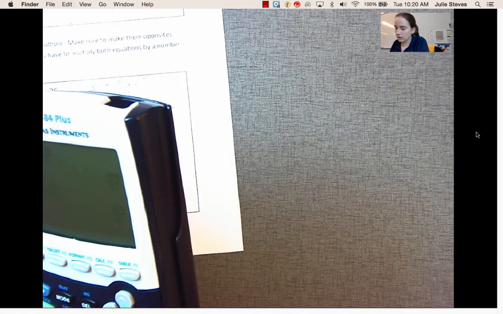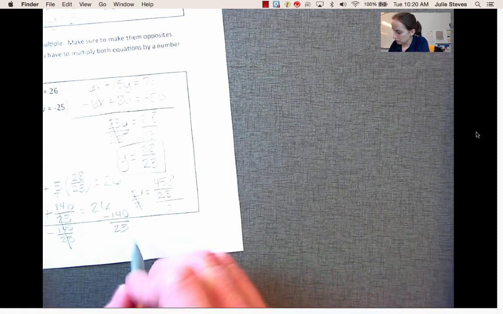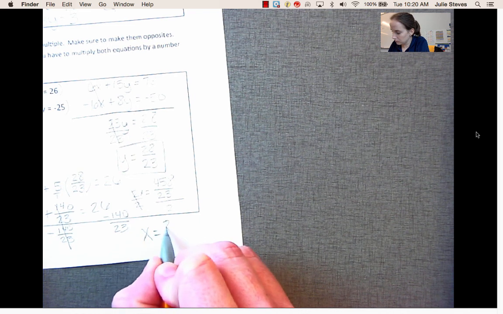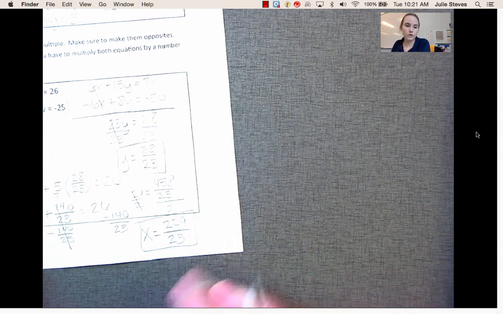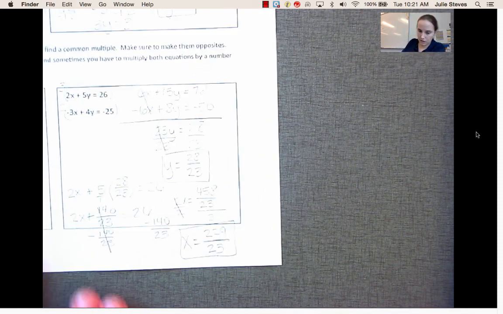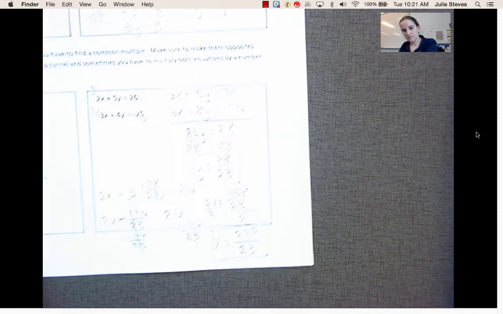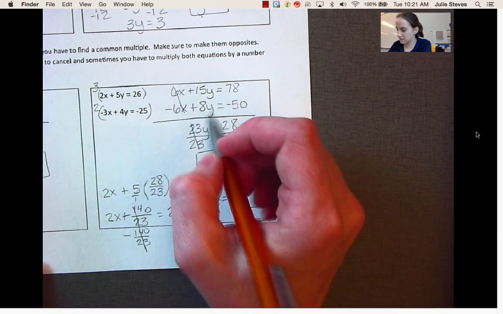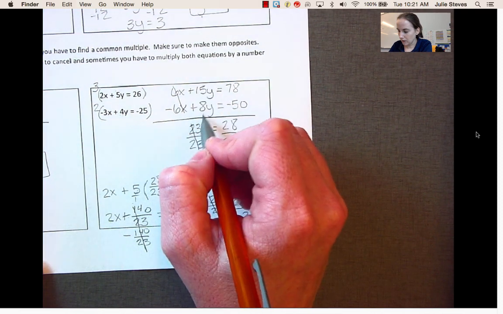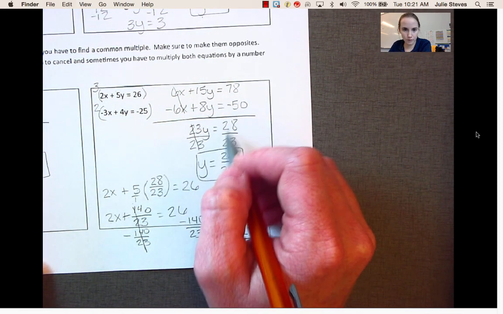And we get 229 over 23. So x equals 229 over 23. Your problems should not be that terrible. I think I just messed up on a sign where we should have had a 7 here. If we would have had a 7 here, we would have divided perfectly.